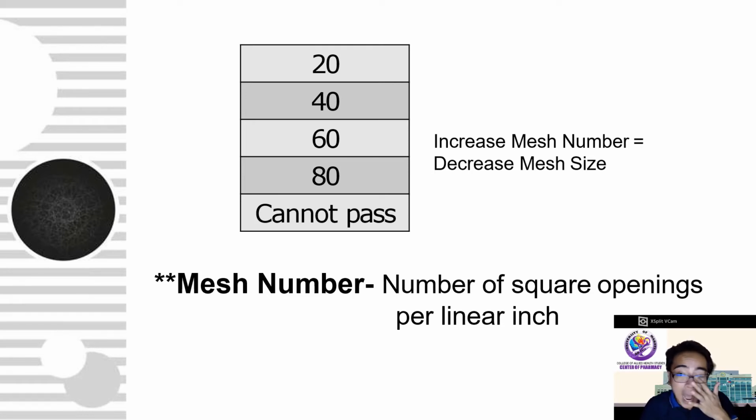Of course, class, the higher the mesh number, the smaller the particle size that passes through. So between 20 and 80, the smallest particle size that will pass through is with 80. Alright? Because in 1 inch, there are 80 openings, which means the openings are very compact. Alright? So again, remember, the higher the mesh number, the smaller the particle size that will pass through. So 20 is the most coarse.